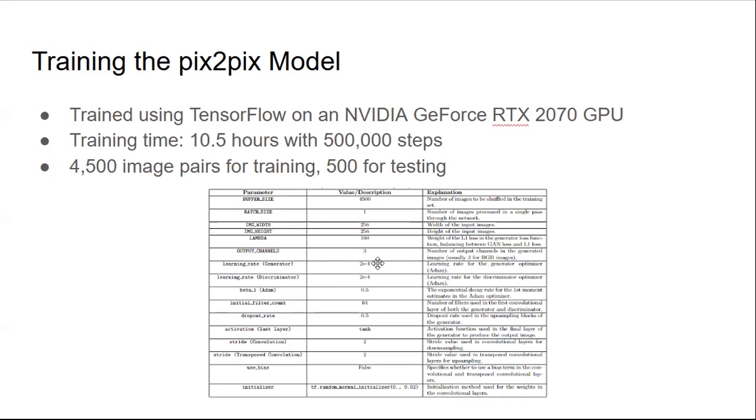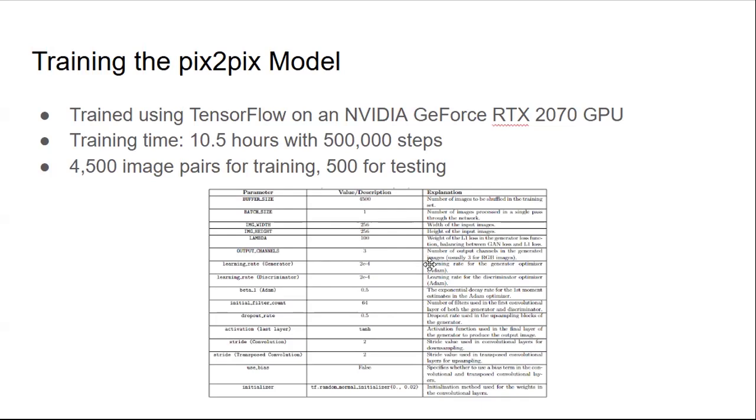We trained our pix-to-pix models using TensorFlow on a machine equipped with an RTX 2070 GPU. Each model took about 10.5 hours to train, running for 500,000 steps. We trained the model with 4,500 image pairs and tested them on a separate set of 500 samples.